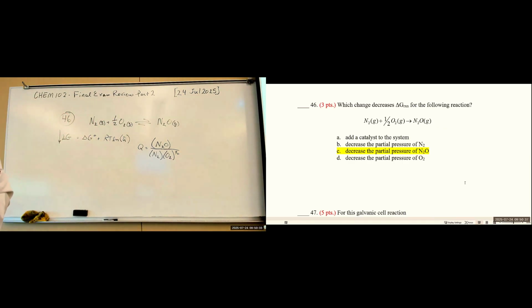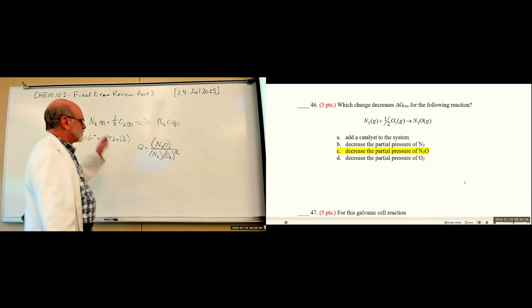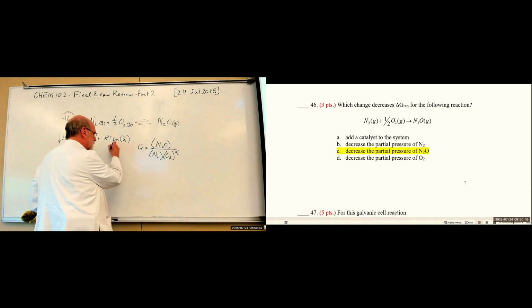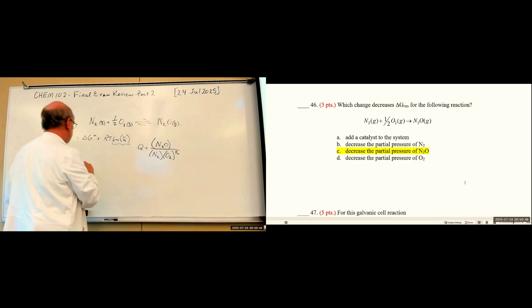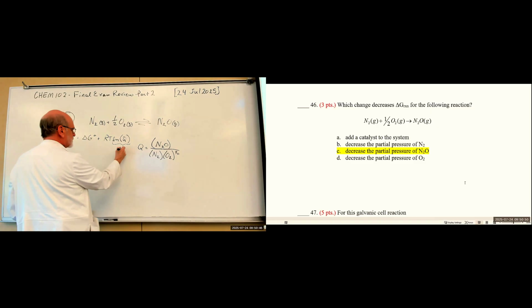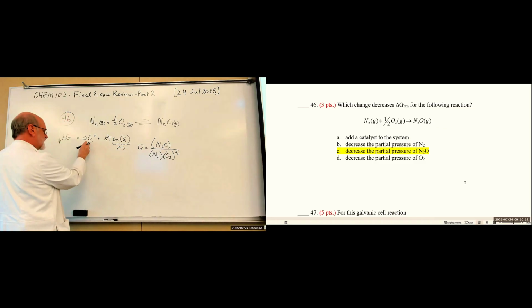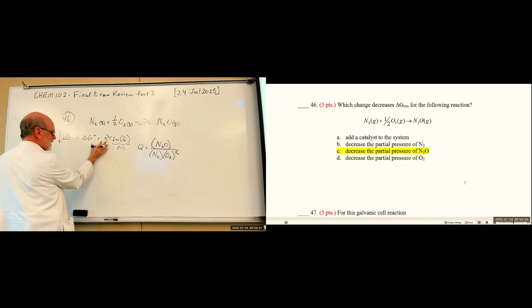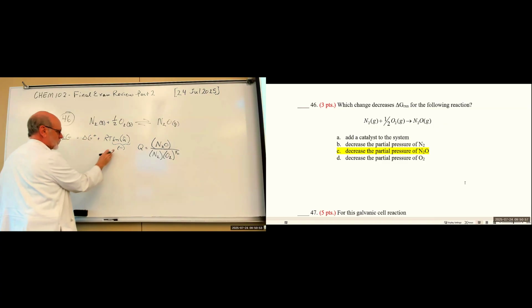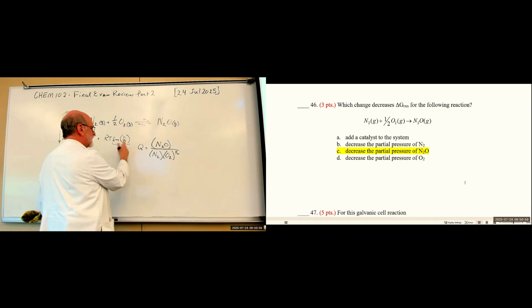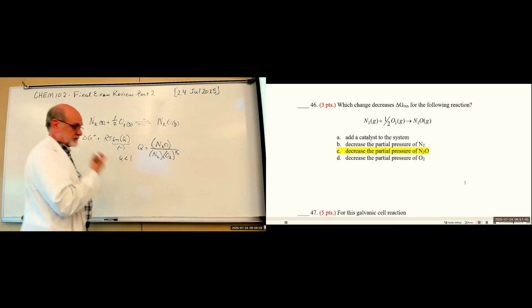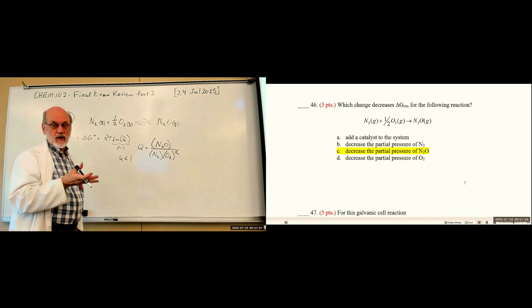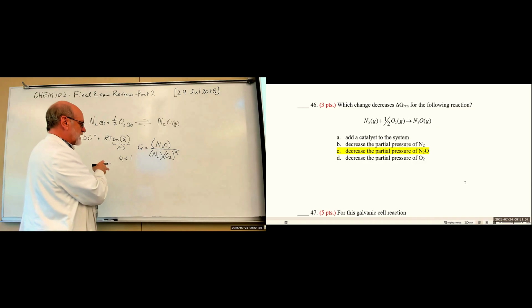So in order for this value to be negative, because that would decrease the sum of the two, Q has to be less than 1. That's just the nature of logarithms. Q would have to be less than 1.